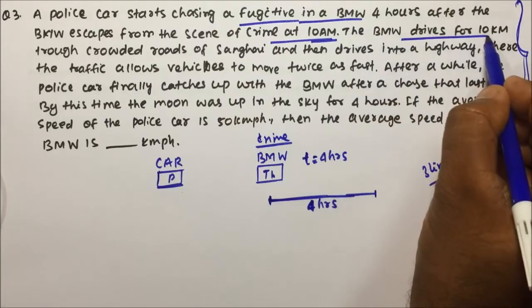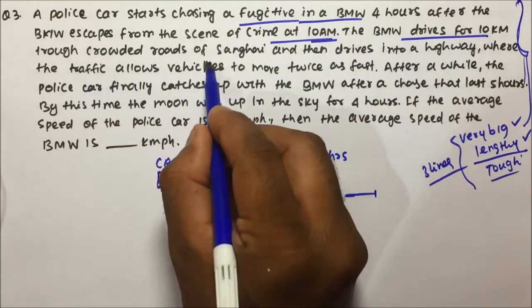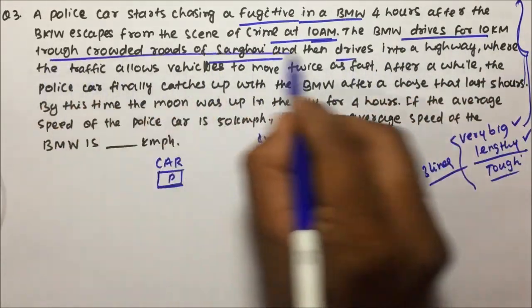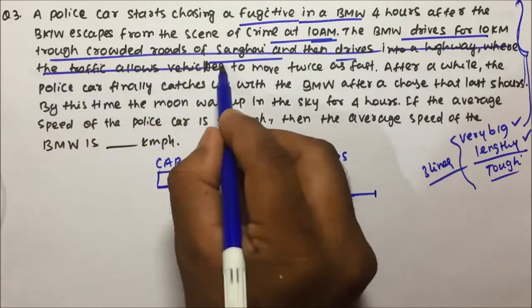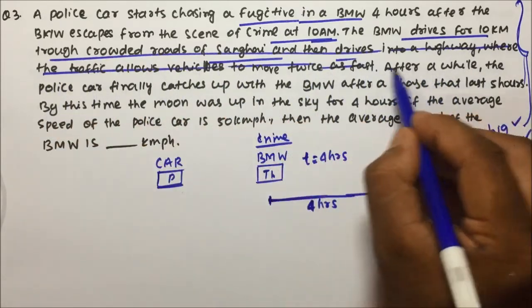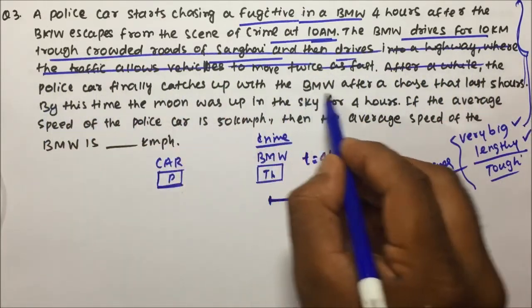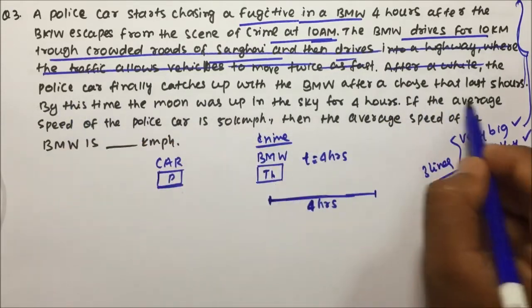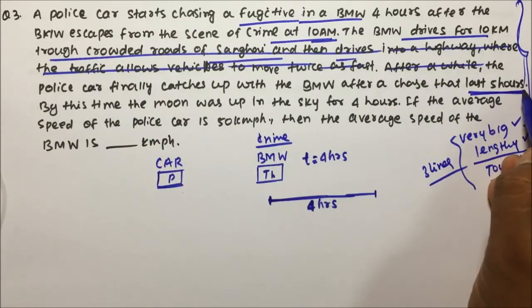The BMW drives for 10 km through the crowded roads of Shanghai, and then drives into all those statements. Traffic was able to move twice as fast. After a while, the police car finally catches up with the BMW after a chase that lasted 5 hours.